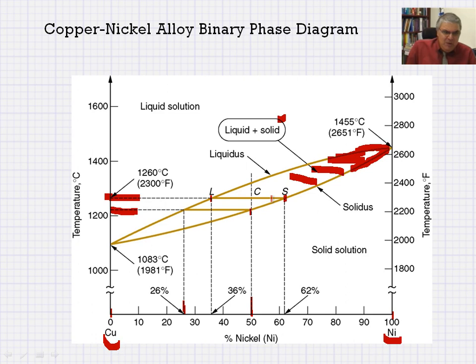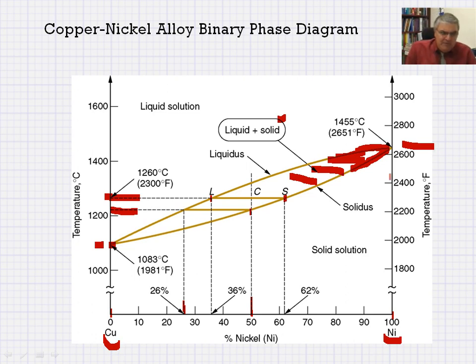As we reduce the nickel content, you see that the melting point actually decreases. If you have 100% copper, the melting point is shown here. If we have 100% nickel, the melting point is shown here.